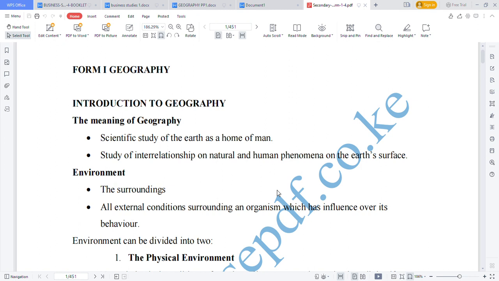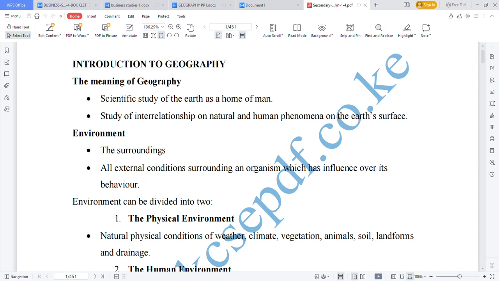So let's start. Introduction to geography. You will be told to define what geography is. So what is geography? Geography is the scientific study of the earth as a home of man.